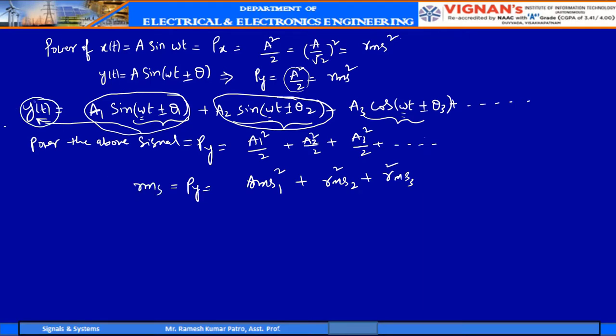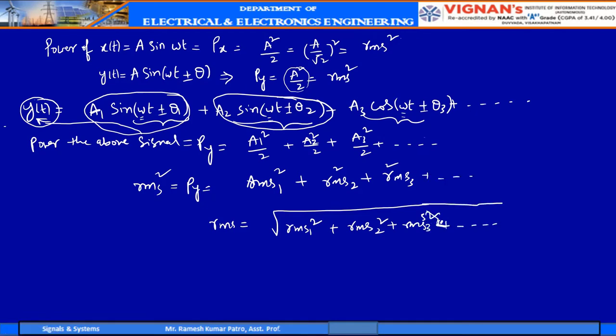Since RMS square is equal to power, the total RMS is equal to the square root of the RMS of the first signal squared plus the RMS of the second signal squared plus the RMS of the third signal squared, and so on. So this is an important conclusion.